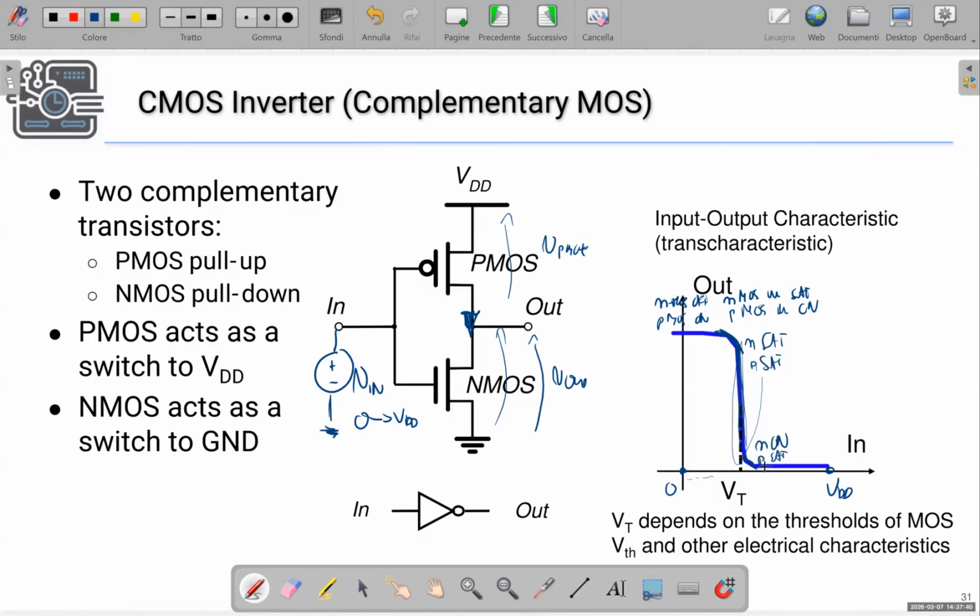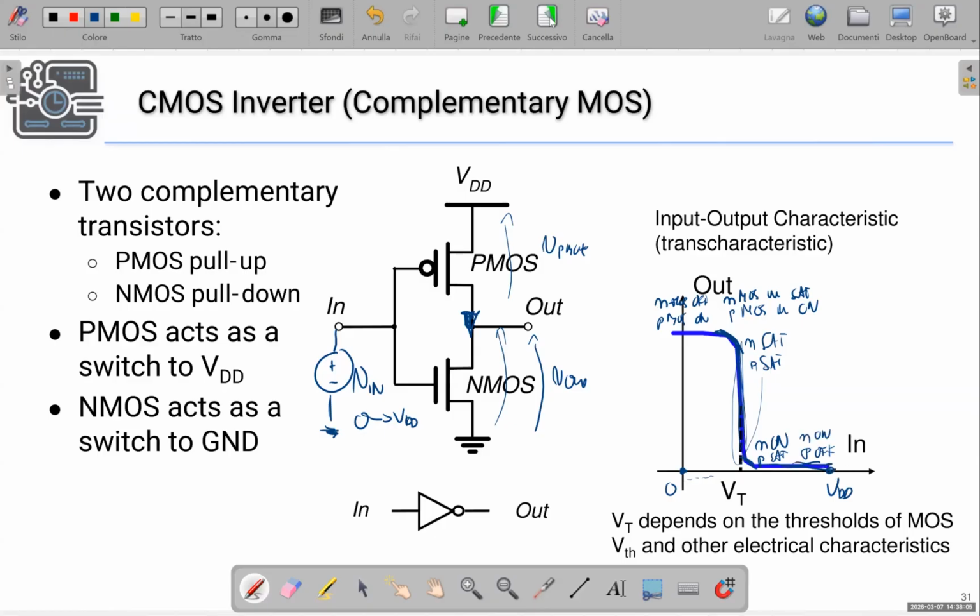And finally, when the gate voltage increases, the P becomes completely off, and the NMOS is fully on. In this case, the output is forced to zero very effectively.